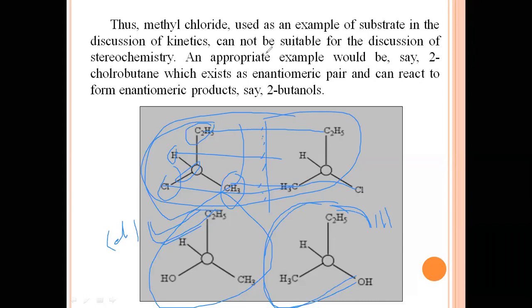So this is the basic requirement for studying the stereochemistry of any organic reaction. Methyl chloride is not suitable, and that's why we study the stereochemistry of the SN2 mechanism with the help of 2-chlorobutane.